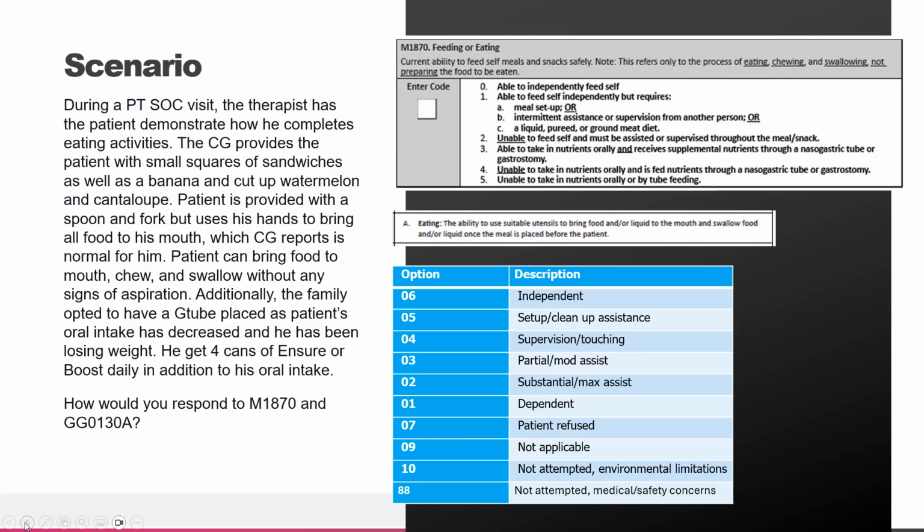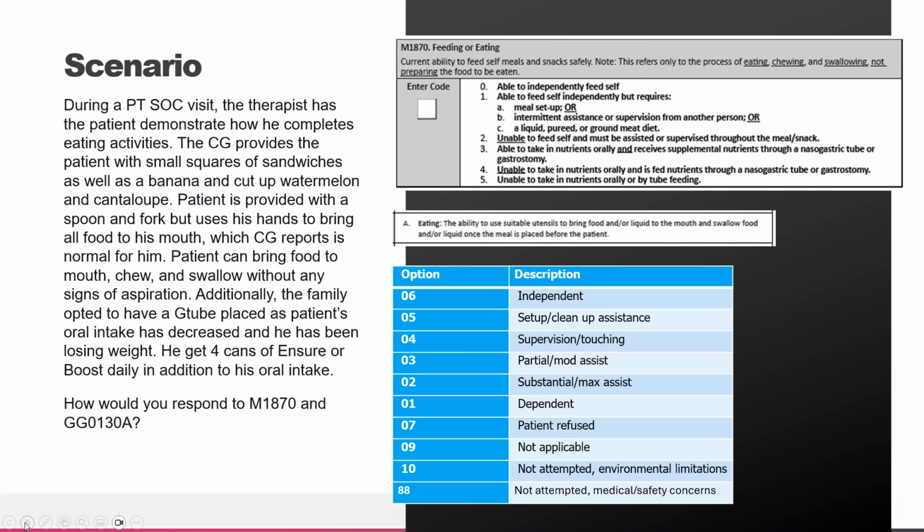All right, during our PT start of care visit, the therapist has the patient demonstrate how he completes eating activities. The caregiver provides the patient with small squares of sandwiches, as well as banana and cut up watermelon and cantaloupe. Patient is provided with a spoon and a fork, but he uses his hands to bring the food to his mouth, which the caregiver reports is normal for him.